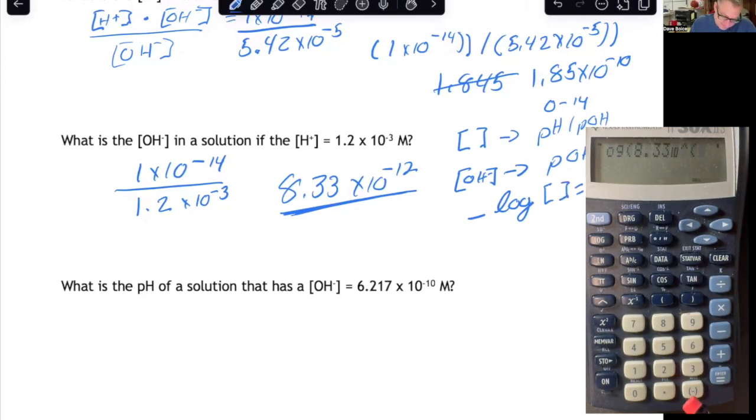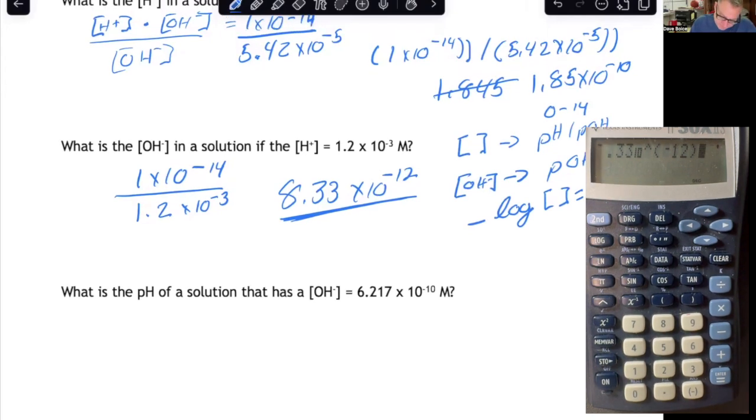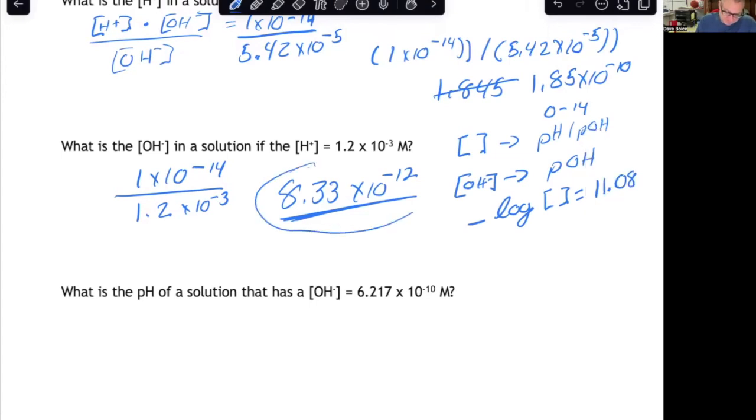And I am going to get an answer of 11.08. And that is going to be my pOH since I used the concentration of OH.